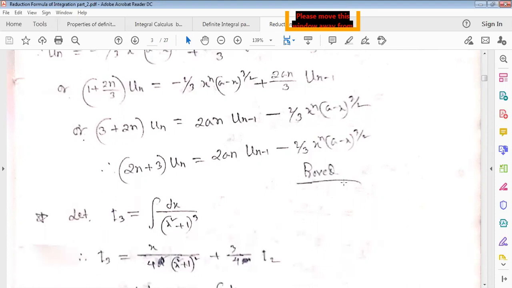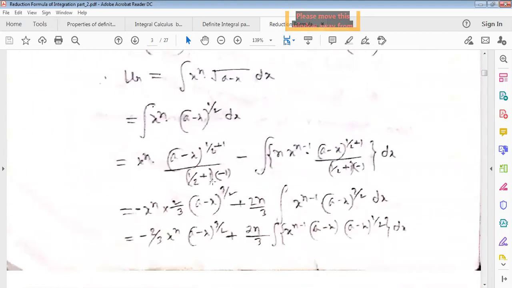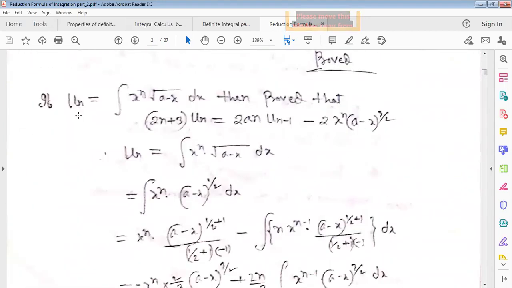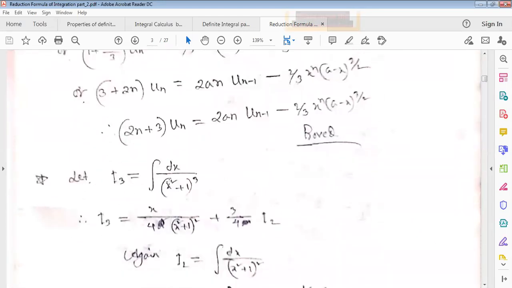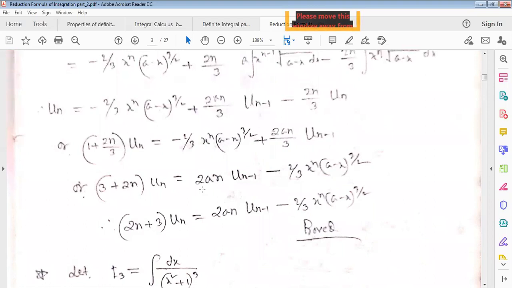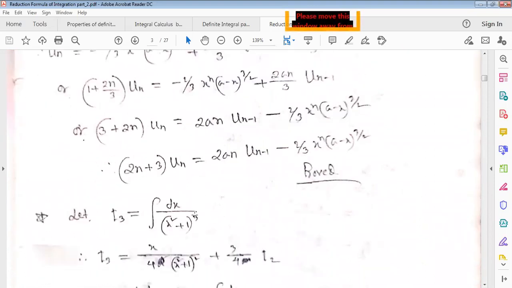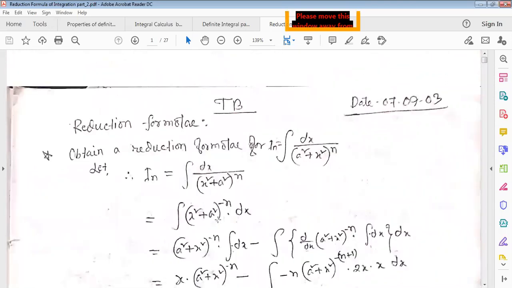Now we have to find out I3. If we put I3, what does it mean? In is given as x square plus a square whole to the power n in the reduction formula, first reduction formula.